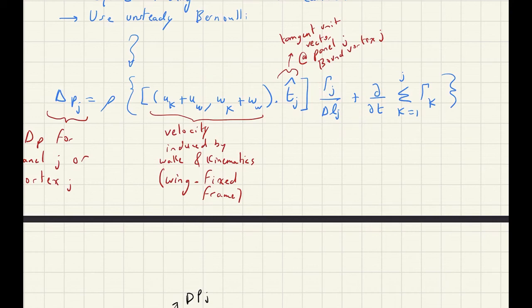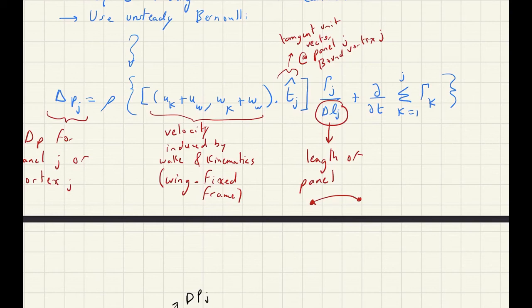And I think we've gone over this before, so I don't need to redefine it. And this here is the length of panel. So the panel is defined to be the length between two adjacent vortices.